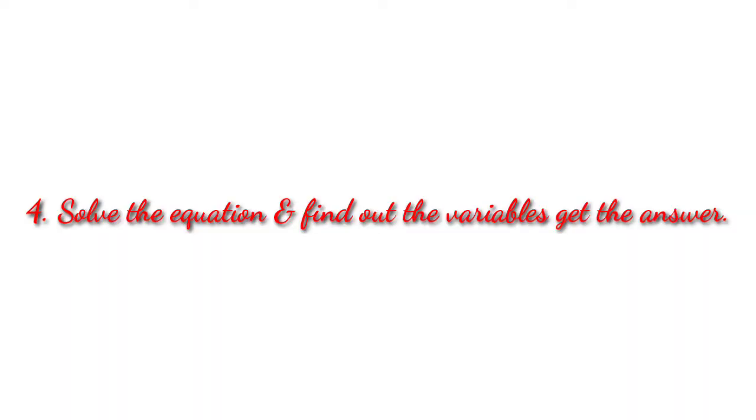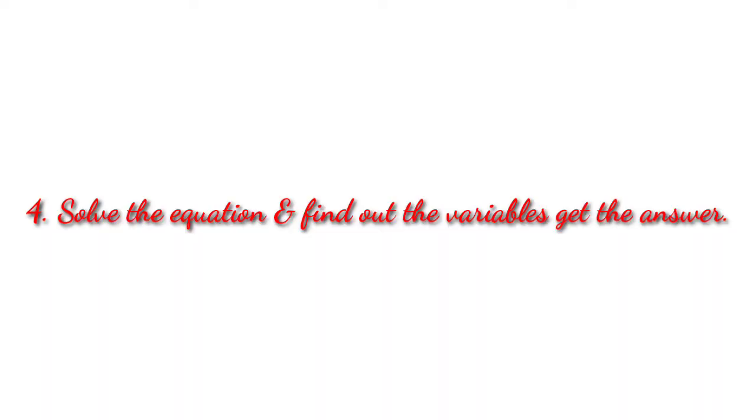In simultaneous linear equations, you must get two equations, solve them and find the two variables, and thus you will get two unknowns, and those will be your answers.